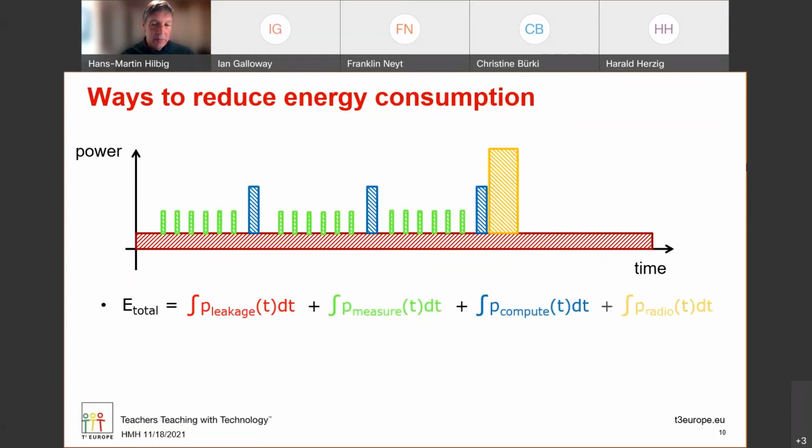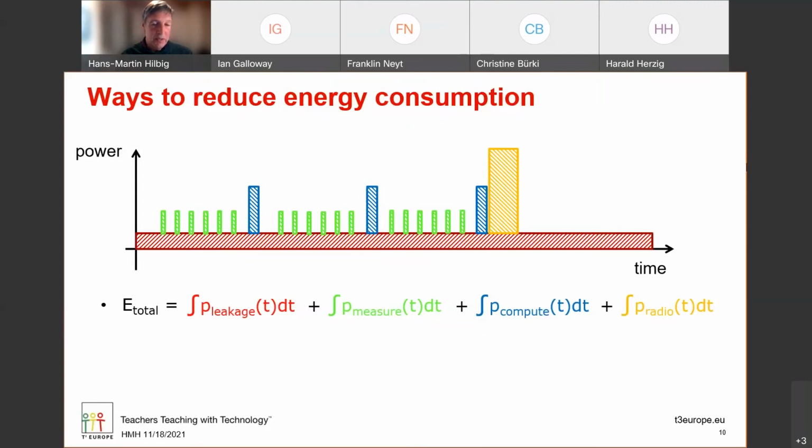And I have my famous radio thing here, which we learned takes a lot of energy. So I need to use this wisely and only use it when I really need it, and keep it on sleep every other remaining time. And all these integrals here, they determine the total energy taken off my system.